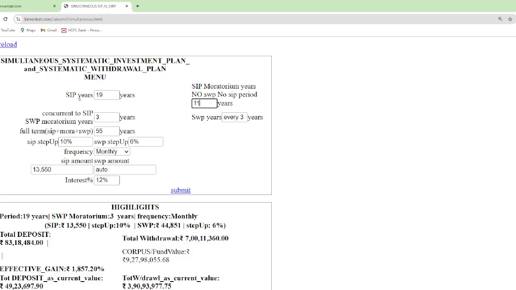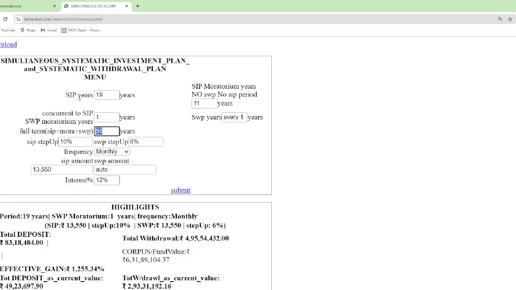Total period of investment consideration is 30 years. Then concurrent SIP, SWP moratorium years, let it be just a single year, 1 year. And SWP every year after that. Full term, that is investment term, is up to 30.